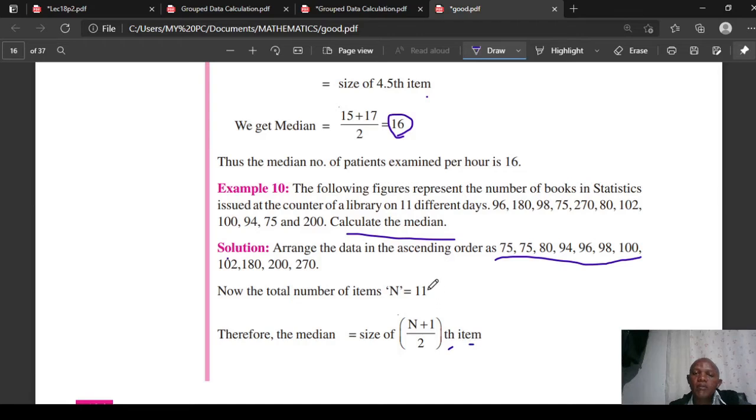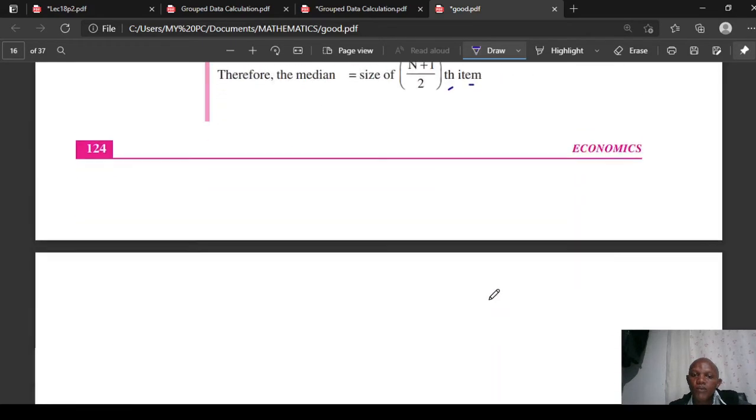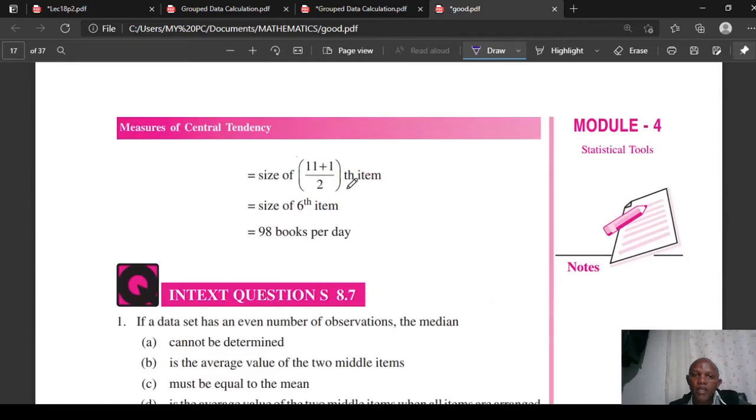So the median number of books borrowed will be 11 plus 1, which is 12, divided by 2. So the median will be the 6th item or the 6th book.